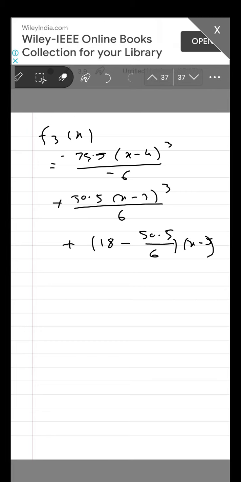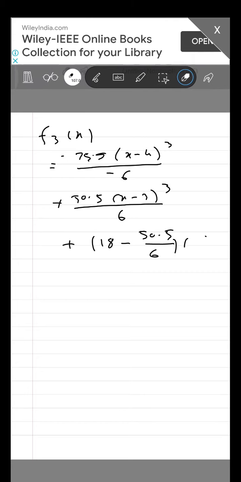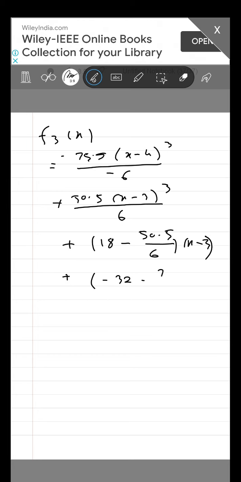So x minus 3, plus minus 32 minus 75.9 divided by 6 into x minus 4.